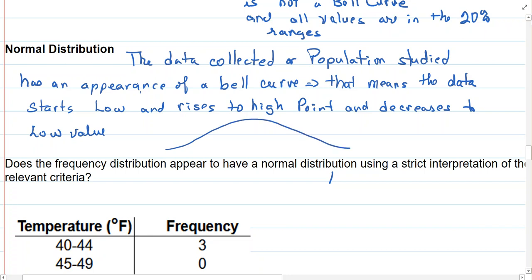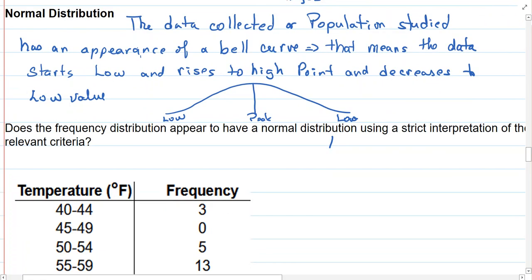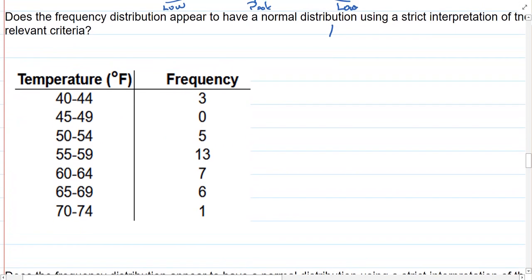So we talk about it like this. The data is more or less symmetric. It can be folded in the middle as a normal distribution. Now we'll go into details later about all the intricacies. So, does the frequency distribution appear to be a normal distribution using the strict interpretation of the relevant criteria? Okay, well, the relevant criteria says it starts low, but this is the lowest.